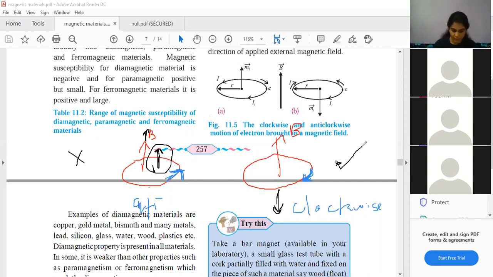And you can note down one point: the induced current is preferred to move in clockwise direction because the induced magnetic field from the induced current will go against the magnetic flux. Magnetic flux means the external magnetic field.